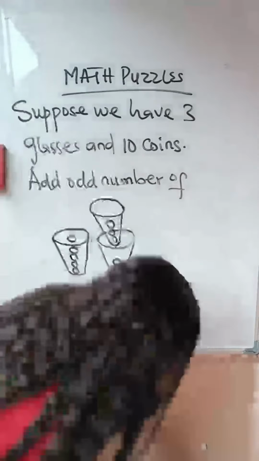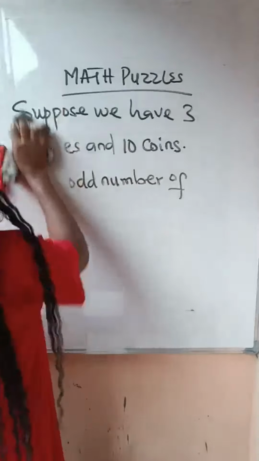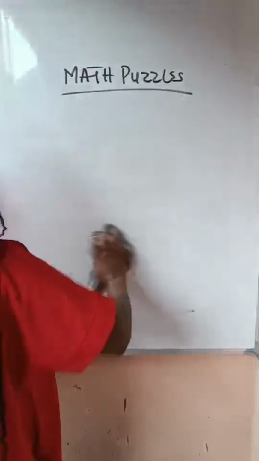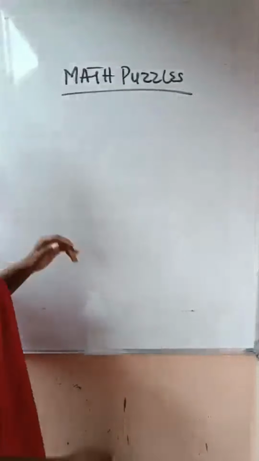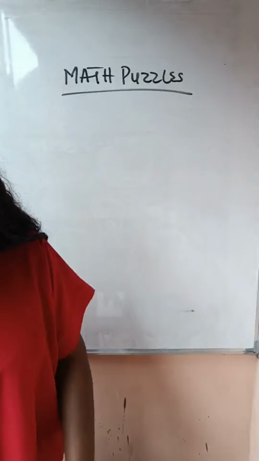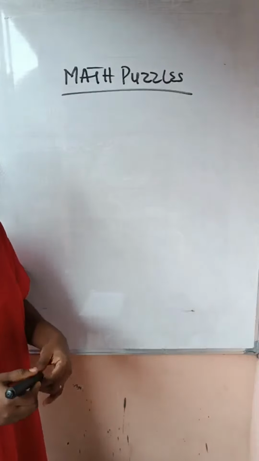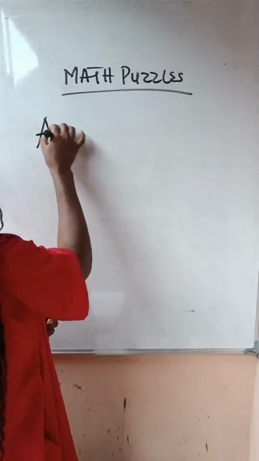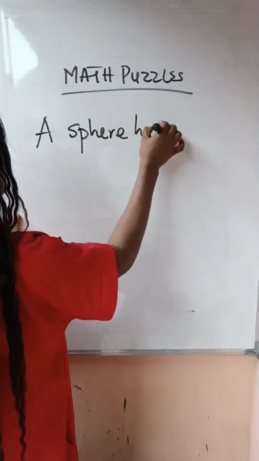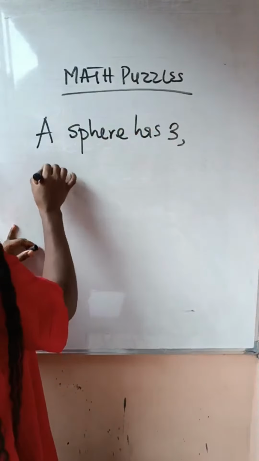Now this one says, a sphere has 3. A circle has 2.